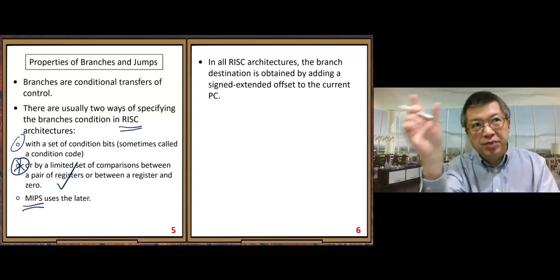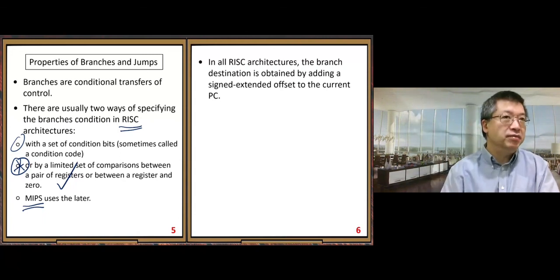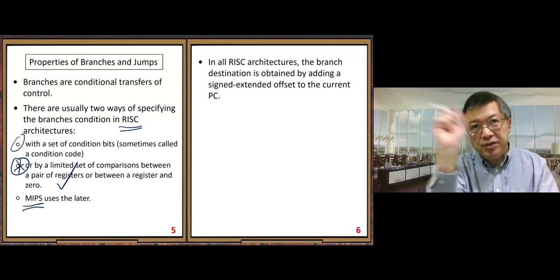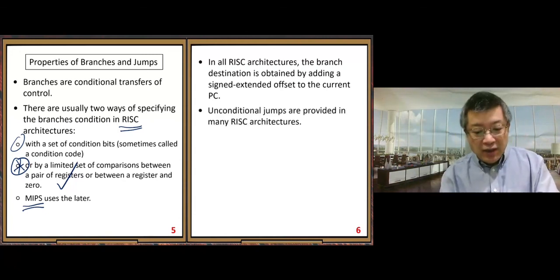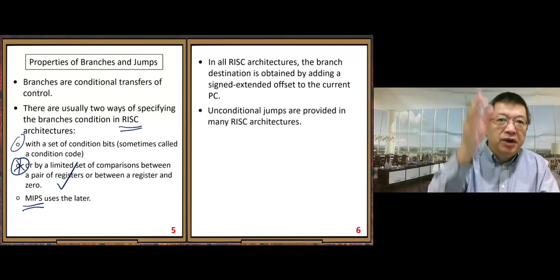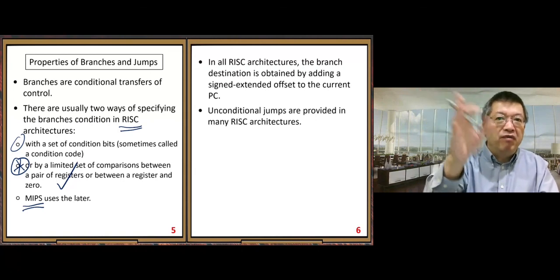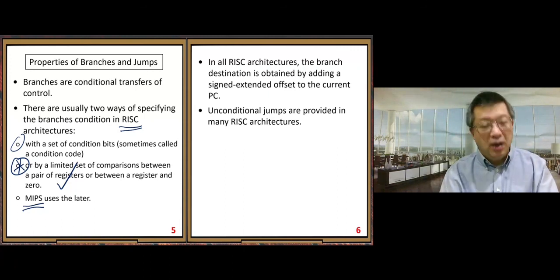Offset plus the PC; we know the meaning, stored inside that PC temporary register. All right, the last one: unconditional jumps are provided in many RISC architectures. All right, so that's all we need for part D.